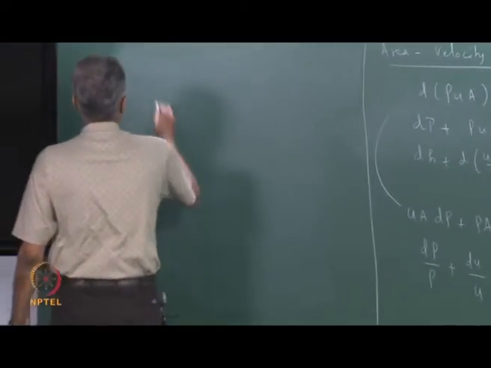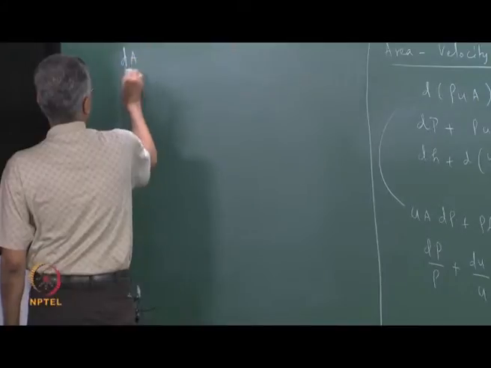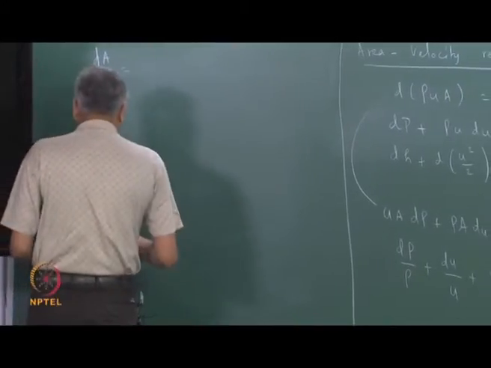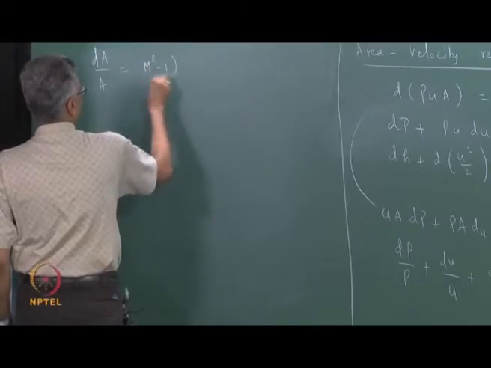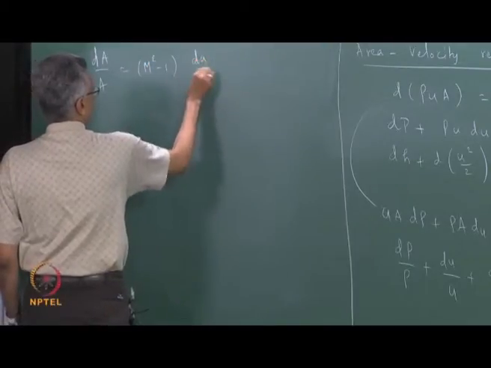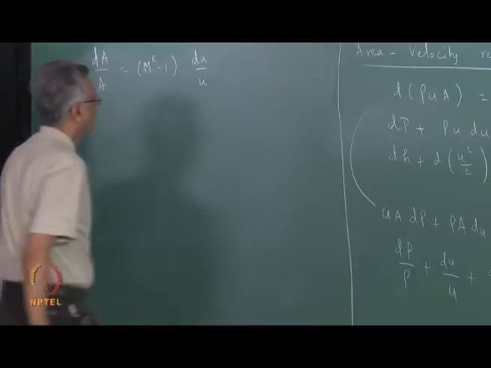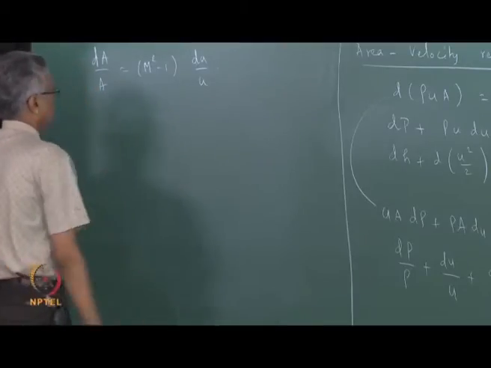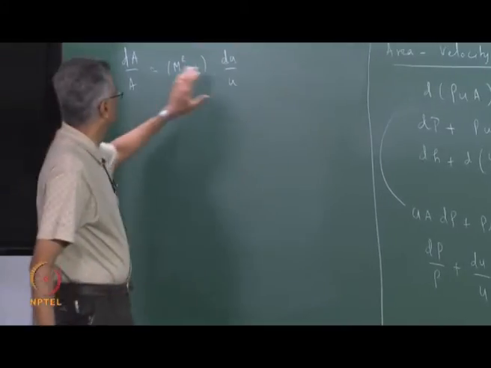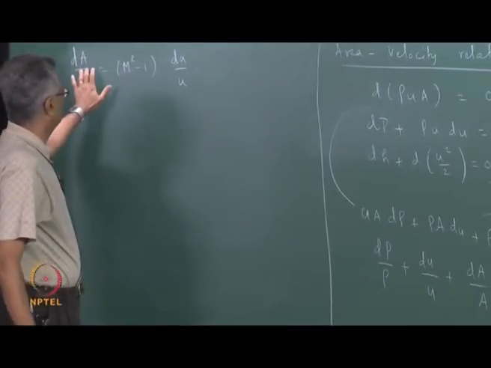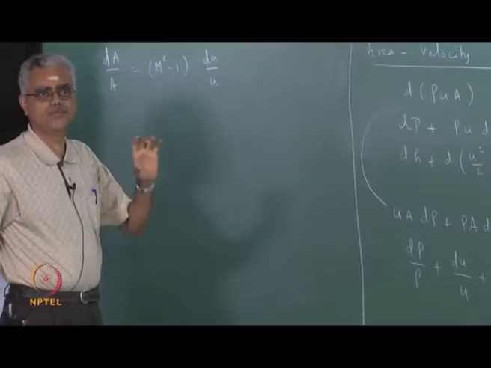I end up with the following expression: dA over A is equal to M square minus 1 times du over u. So this is the so called area velocity relationship, where changes in velocity are related to changes in the cross sectional area of the passage.